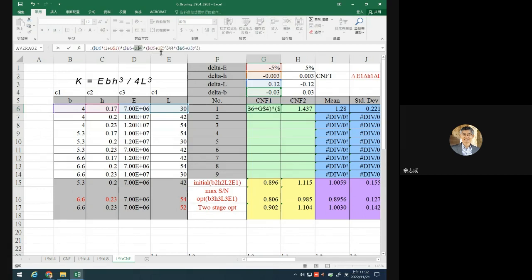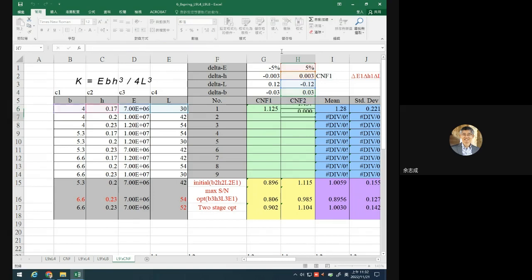We use the $ sign to fix the row for the noise factors, and the $ sign to fix the column for the control factors. The reason we do that is because when we copy the equation to the right, it will correctly reference the right combination of control factors and noise factors.